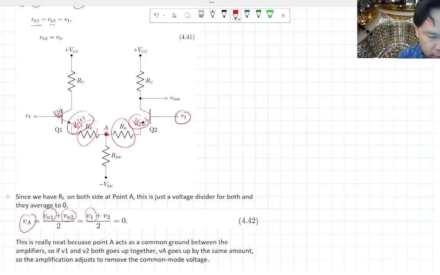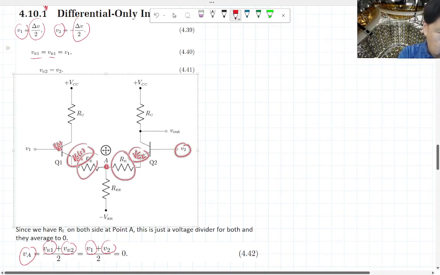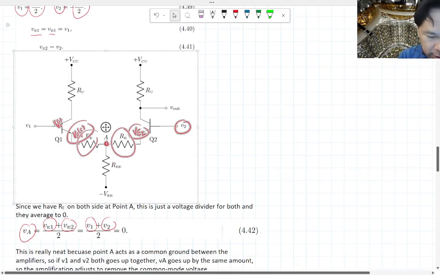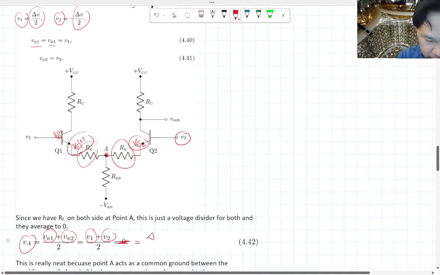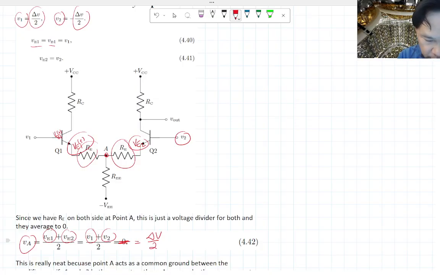Since we have V1 plus V2, and remember, we're only dealing with the difference, I don't know why the book doesn't fill in the last part of this algebra. It's just delta V over 2, all divided by 2, plus negative delta V over 2. All of this subtracts to 0, ideally.